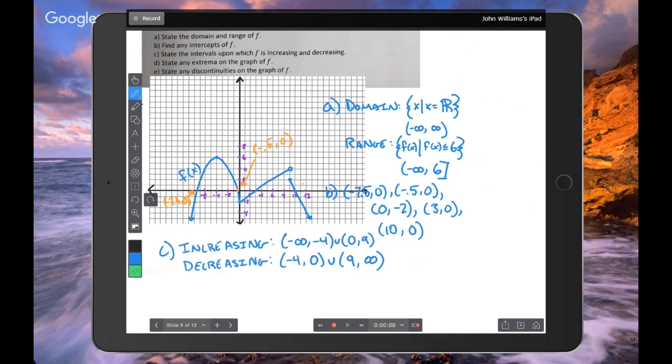This is where I stop increasing, and that is at x equals -4. Again, I'm counting this at -4 because here's -4. That's where I stop increasing. And then again over here, I'm saying this is at 9 because that's where I stop increasing, at x equals 9.